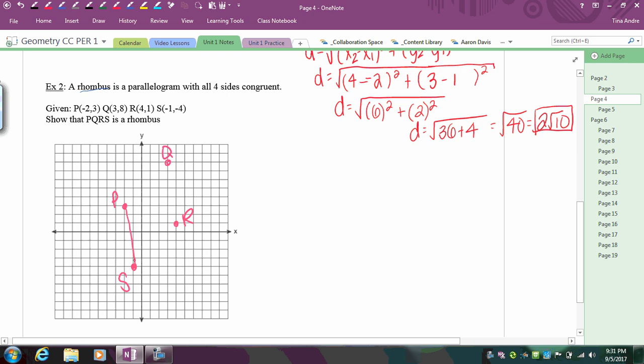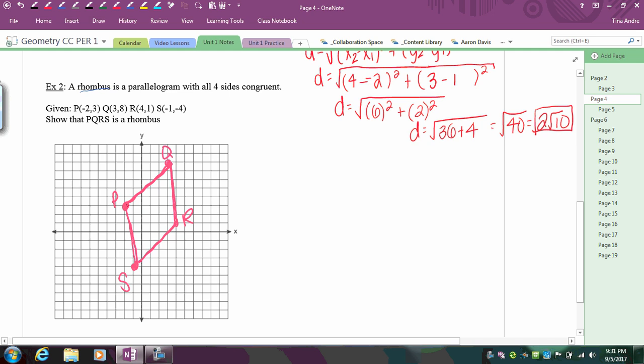So we connect these, and it should look as if these are equal, which to me it's looking like they're equal. Now I'm not using a straight edge, so mine aren't perfect. But you get the sense that these 4 sides are equal, which is what we're trying to show.